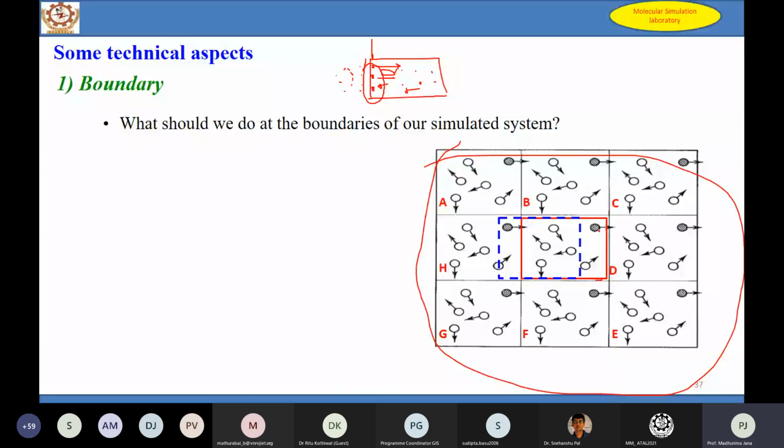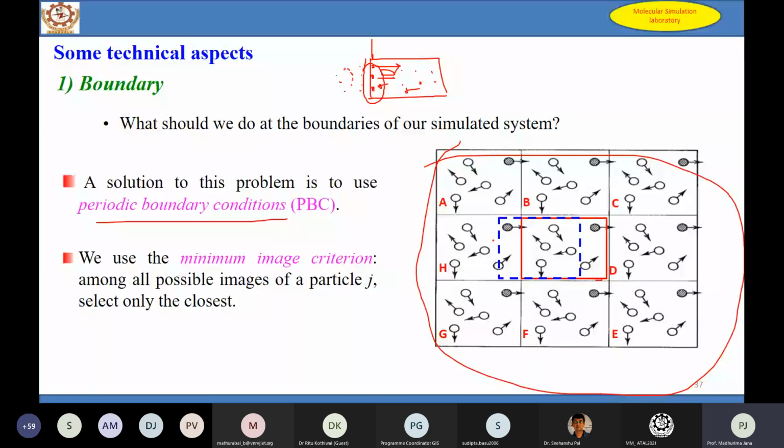This replication of the central simulation box in 3 dimensions is known as periodic boundary condition. We employ the periodic boundary condition to escape the surface problem. When it calculates the interactions, there will be an interaction between its images also, because in the next box there is no real particle but the image of it.